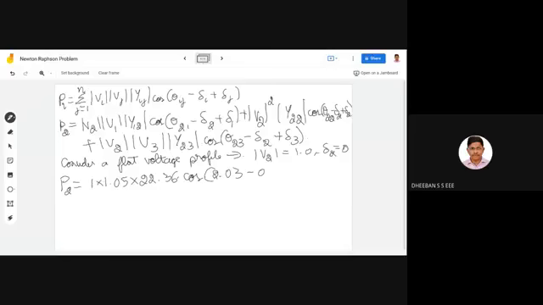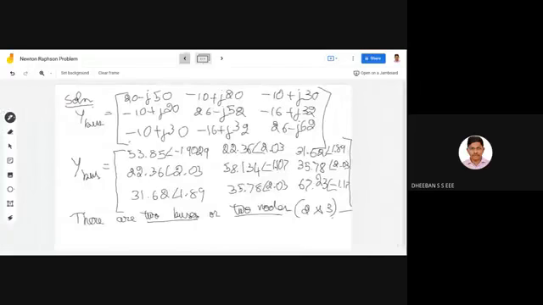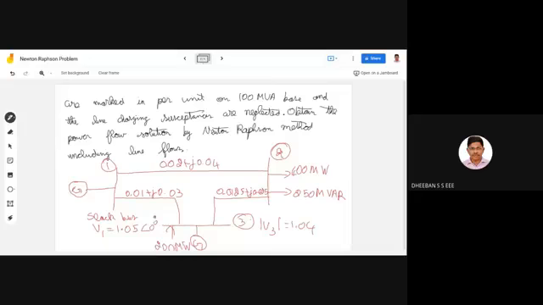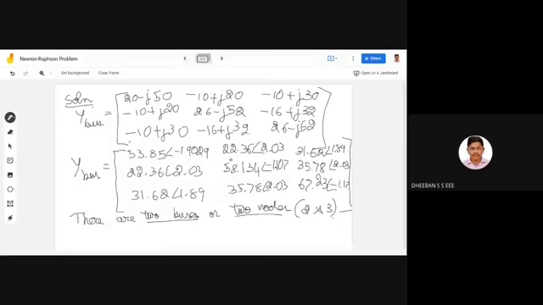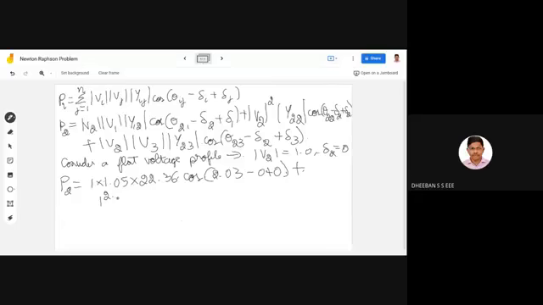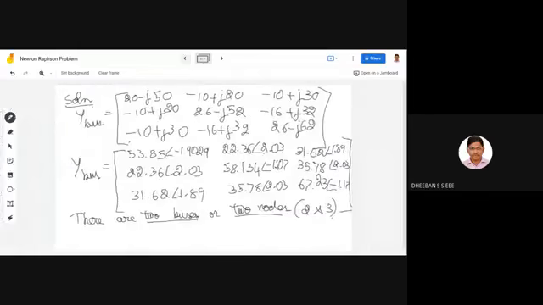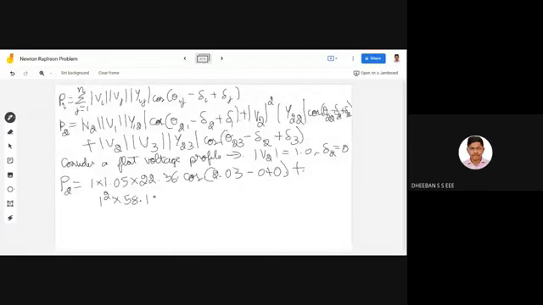So 2.03, and delta 1 is already given as 0 degrees, so here you can take it as plus 0. After this, V2: it is 1 squared into the Y22 value, 58.13.